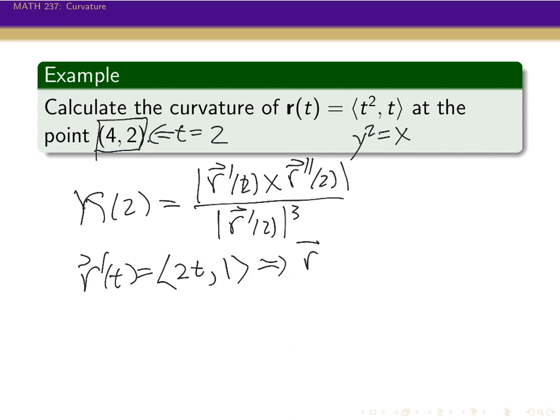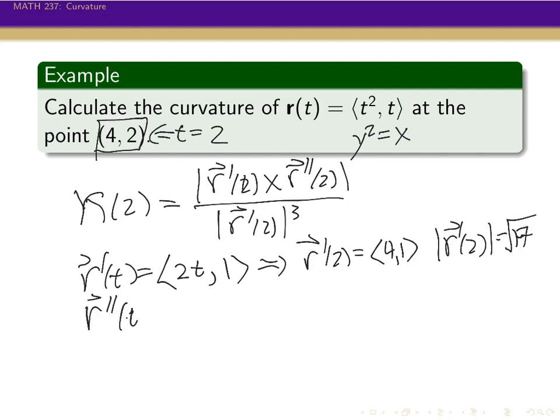And so if I plug in 2, I'm going to get (4, 1). And then its magnitude at 2 is going to be square root of 17, I believe. Right? 16 plus 1 is 17. Take the square root. And then r double prime is going to be just (2, 0).